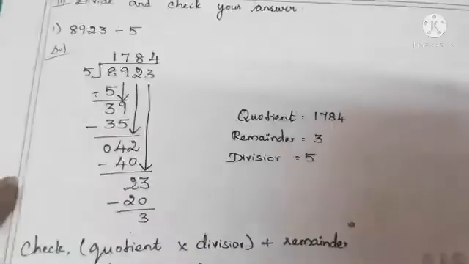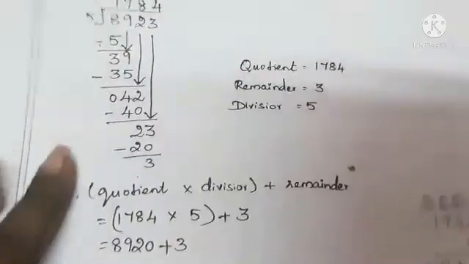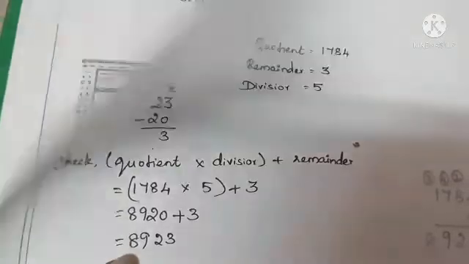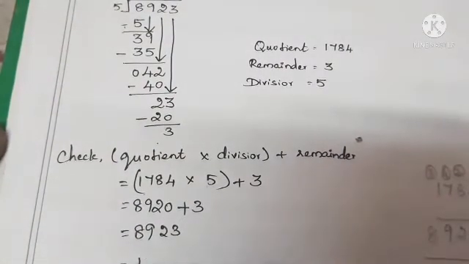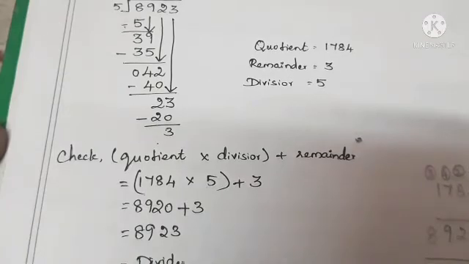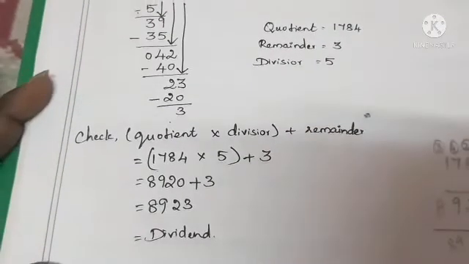That's our dividend. We have the dividend as 8,923, so the same value we got. So from here we can say the division is correct. If you get the dividend as the last answer, we can say the division is correct.